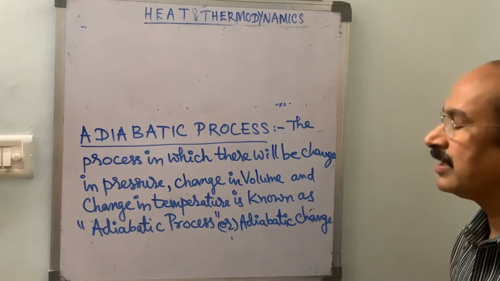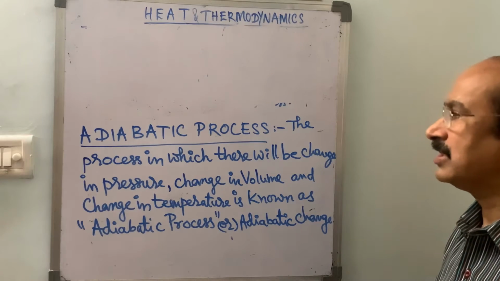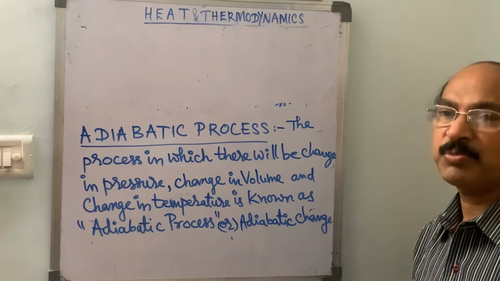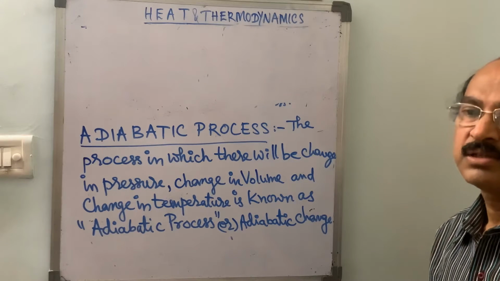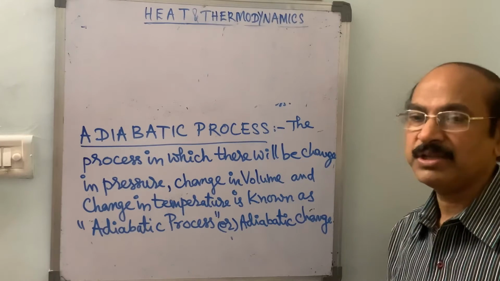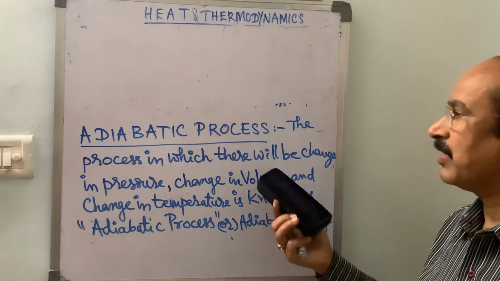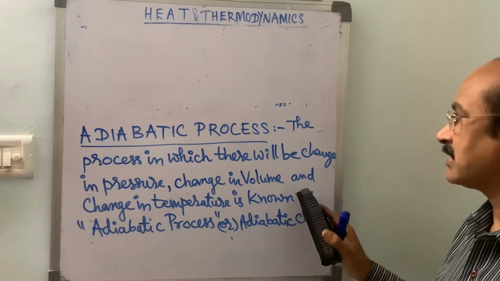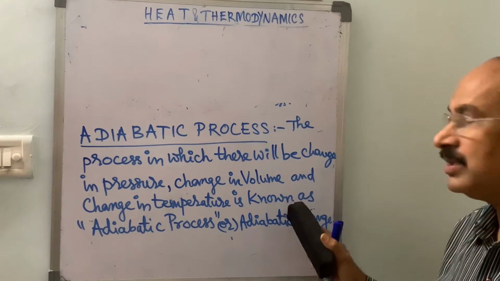So all the three quantities P, V, T change. So it is an example of an adiabatic process. And the propagation of sound waves, or longitudinal waves, in air is an example of an adiabatic process. Under adiabatic conditions, sound waves are propagating in the air.